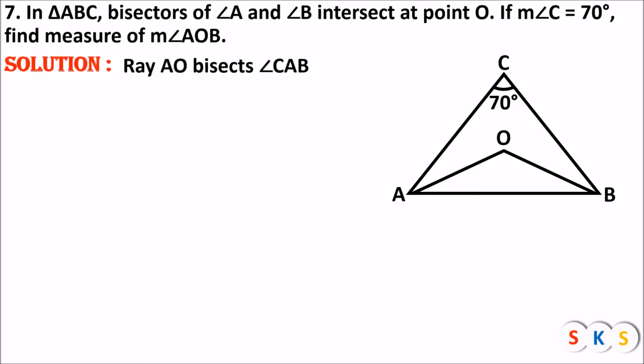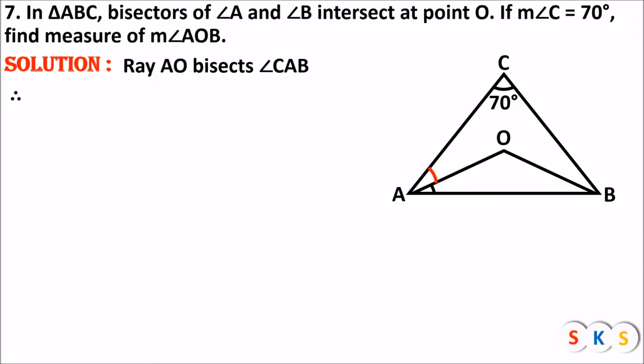Okay, here ray AO bisect angle CAB. Okay, can you see the figure? AO is a bisector of angle CAB. It means angle CAO and angle BAO will be congruent, because AO is a bisector, it means it divides angle CAB in two equal angles.